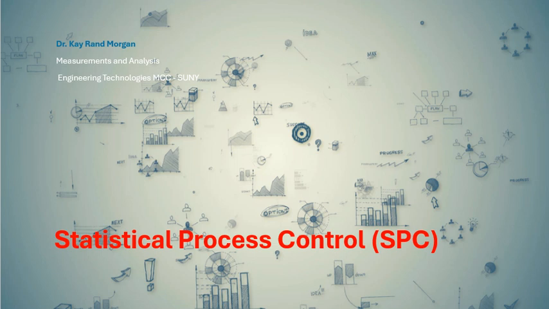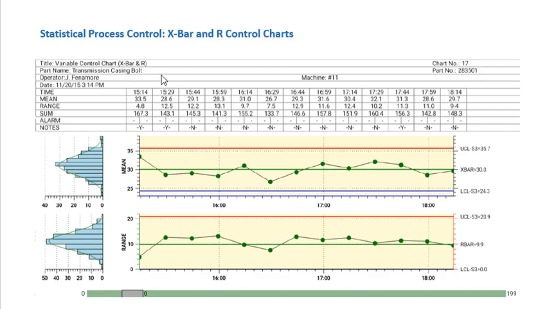Okay, so this week we're gonna get into statistical process control, and we call this SPC in short. So SPC is where you're looking at the process. What we do is we monitor the variability or dispersion of a process over time.